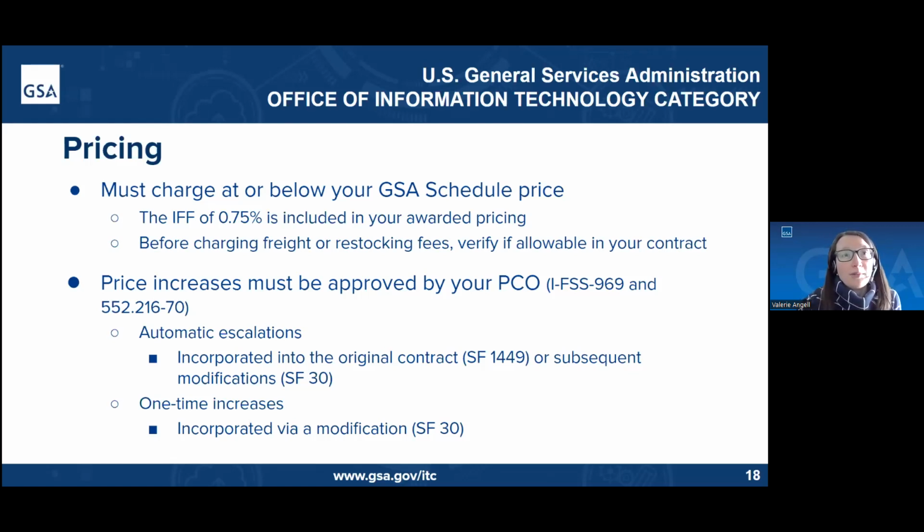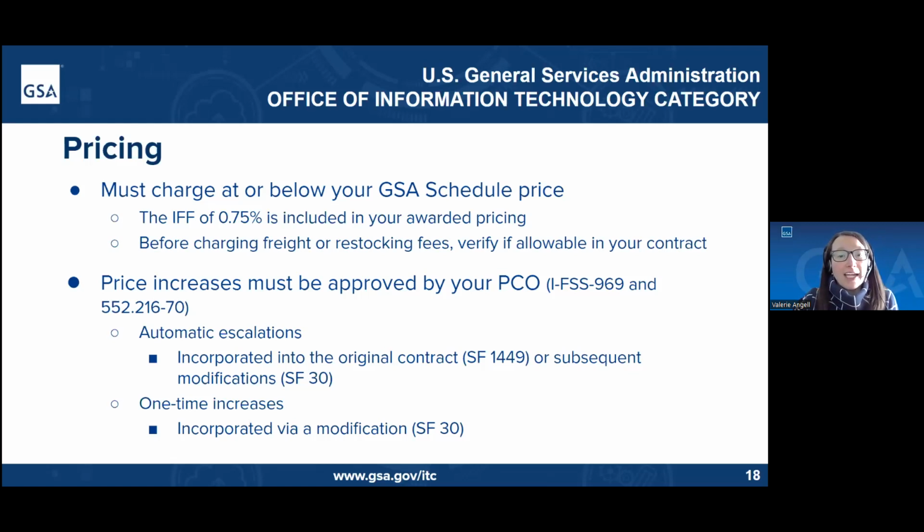Also notable about pricing is that price increases must be approved by your PCO, and it would be based on what EPA or economic price adjustment clause that you have in the contract. It may be either IFSS 969 or 552.216-70.